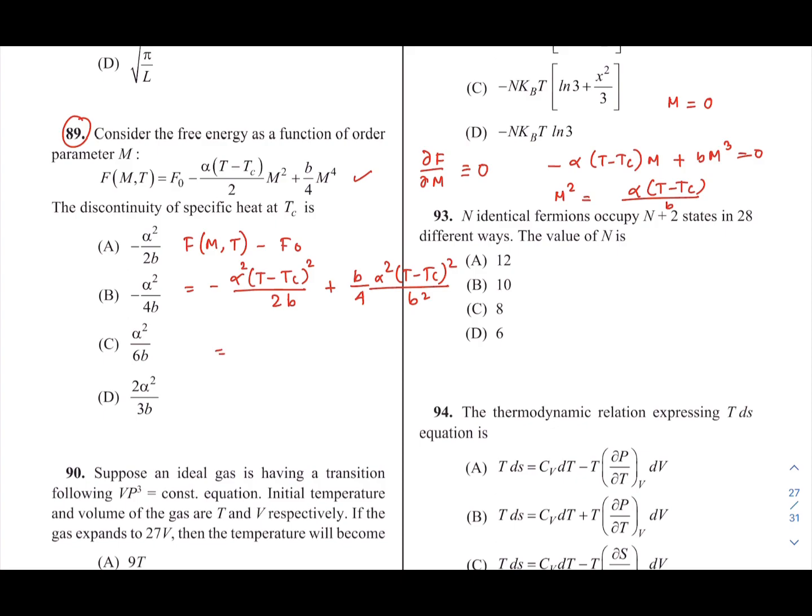So we have minus 1 by 4 alpha squared (T minus Tc) squared divided by b. The discontinuity of the specific heat can be calculated by taking the double derivative of the free energy with respect to T at Tc, and this is equal to minus alpha squared by 2b. So option A is the correct answer.